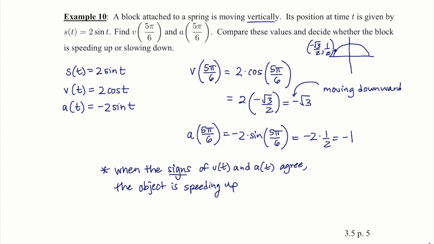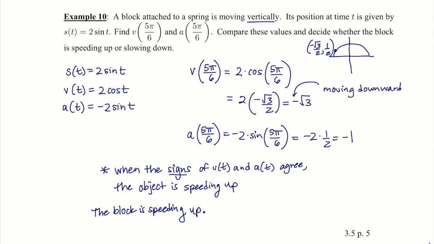So this spring right now is speeding up, or the block is speeding up. Since a is negative, we can think that that tells us v is decreasing. But if v is already negative and it's decreasing, it's moving to a number that's further from 0, right? So it's moving in the negative direction at a faster rate. So I would say this object is speeding up.